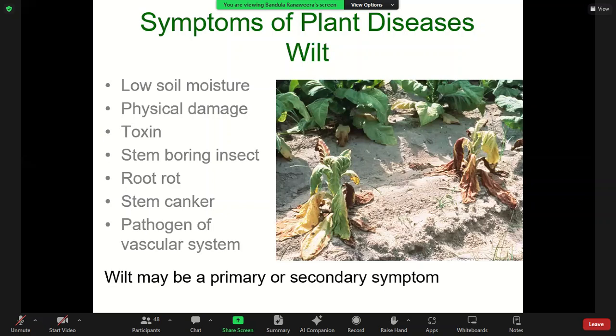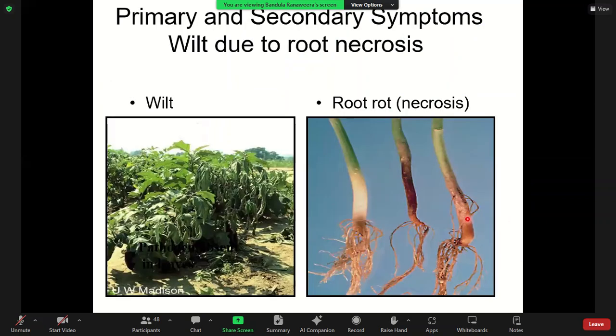Now, I have mentioned that this wilt symptom is shown by these aerial parts. The leaf is drooped, dehydrated, but the real cause is located somewhere else. Maybe the pathogen is not on the leaves, maybe inside the stem or inside the root system. So the initial infection is inside the roots.